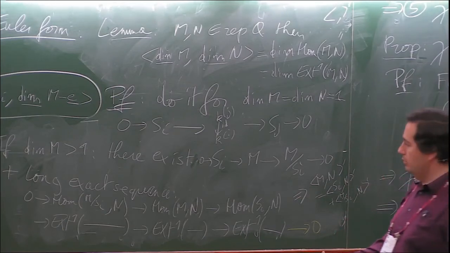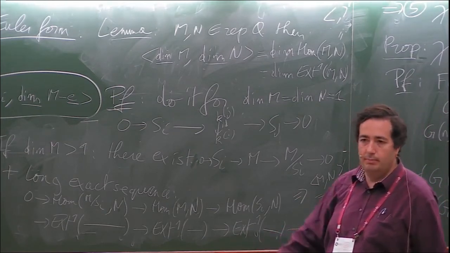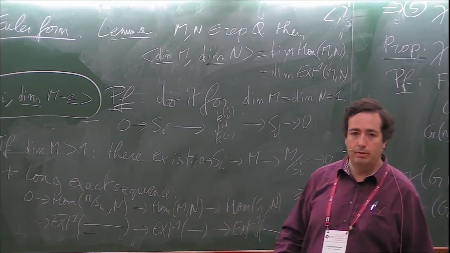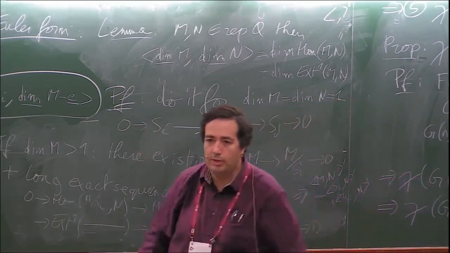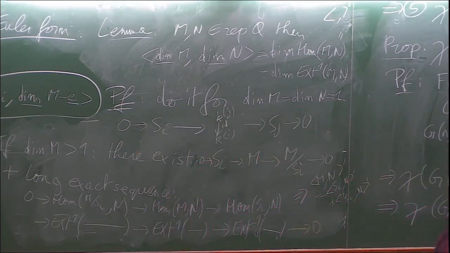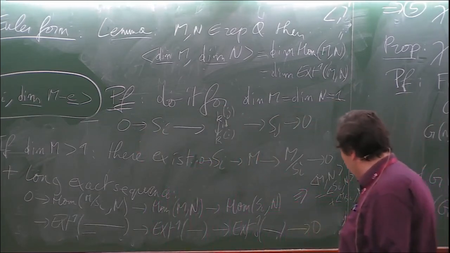Therefore, you can do an induction if the dimension of M is bigger than 1, and if the dimension of N is bigger than 1, you can do the same induction with the other long exact sequence, and that's cool. Pay attention, this thing is important.